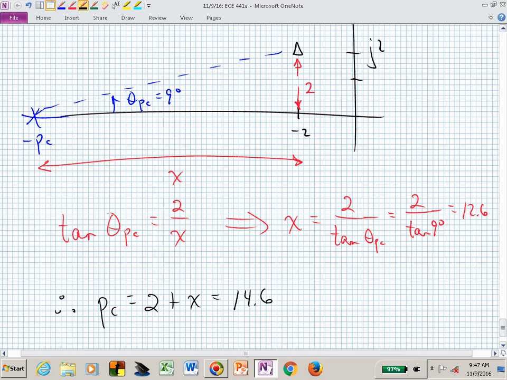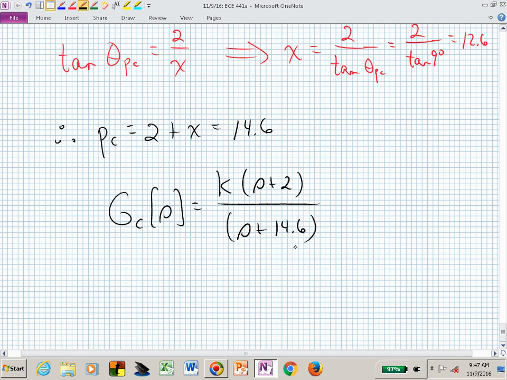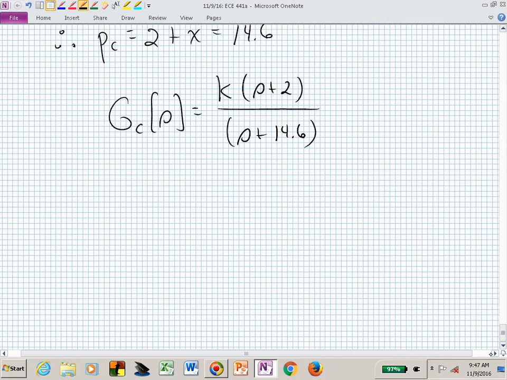We now have 2 of our 3 parts of our controller determined. We now know that G sub C of S, our phase lead controller, is K, S plus 2, that's where we located our controller 0, and our pole is at 14.6. What's left? Now we have to figure out what K is.